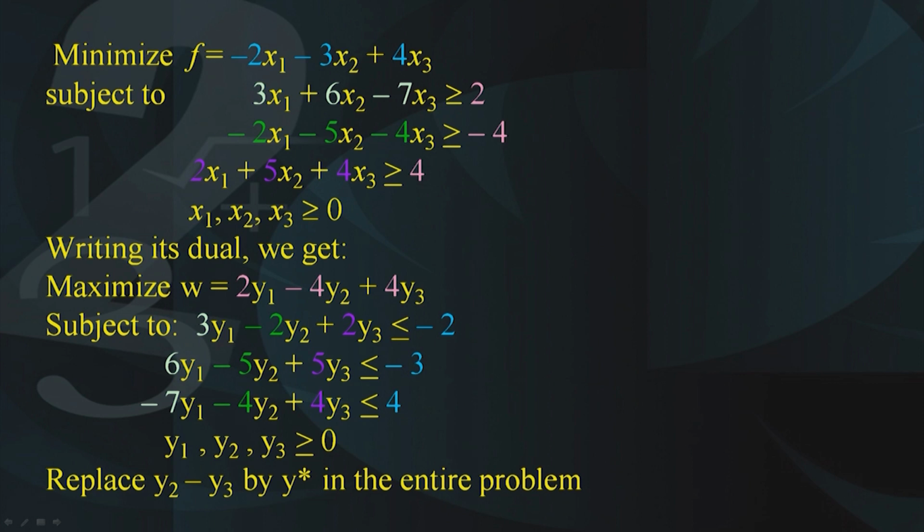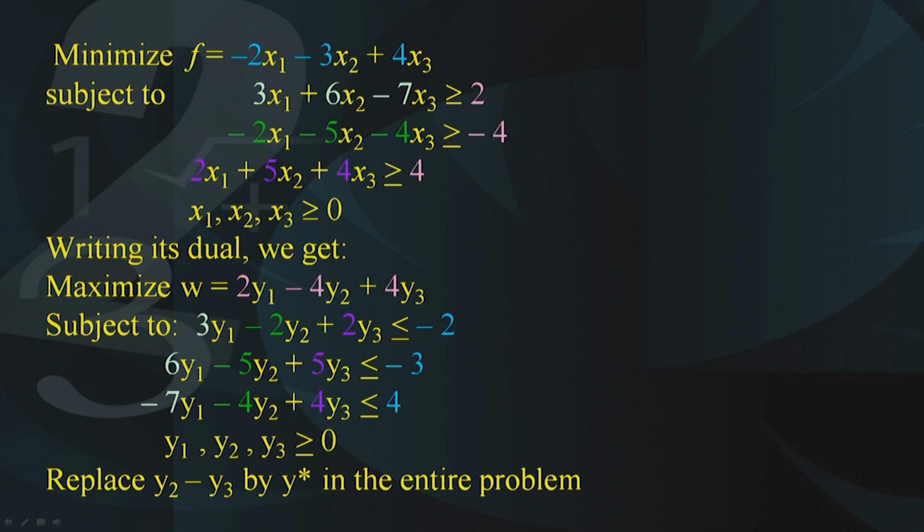Therefore, what we are going to do is the following. We are going to replace the y2 minus y3 variable by another variable, let us say y star, in the entire problem. So, once we do this substitution, we will be left with 2 variables in the dual instead of the 3 variables in the dual.